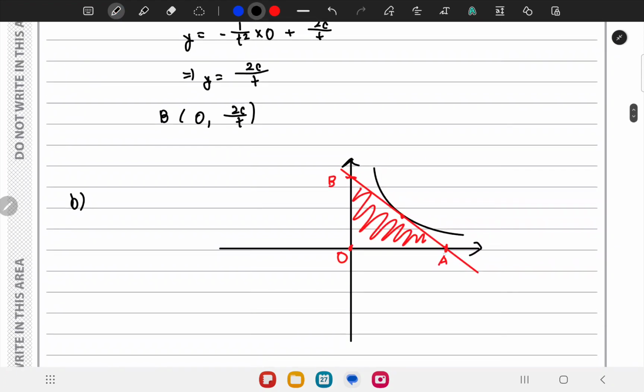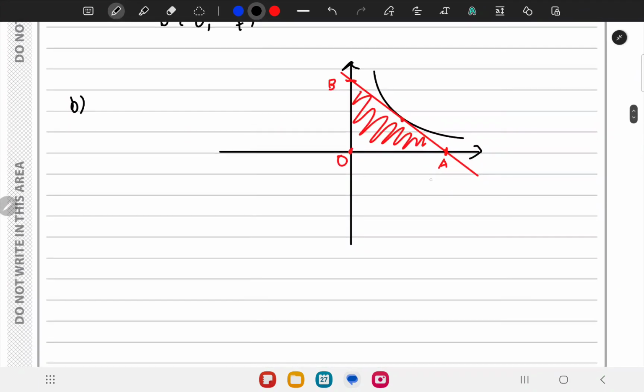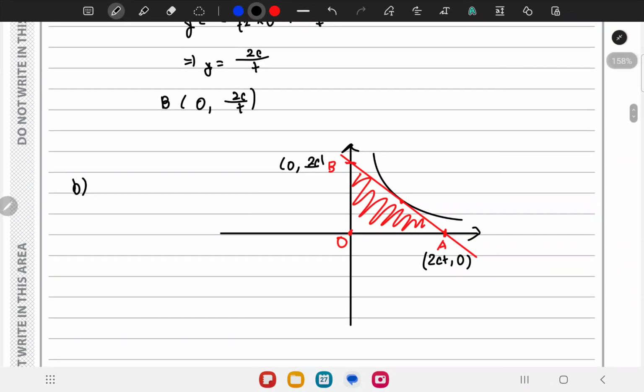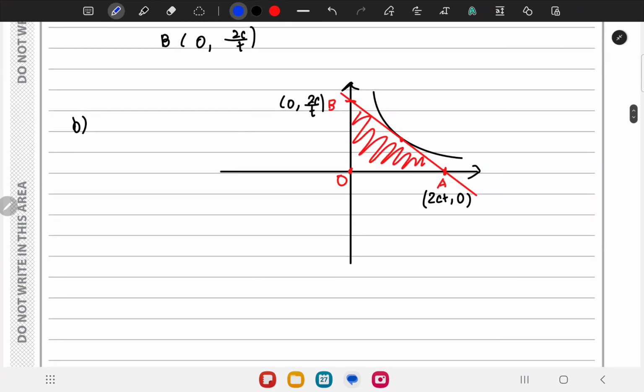This point A is 2ct comma 0, and B is 0 comma 2c by t. So this length here will be 2ct and this length here will be 2c by t.